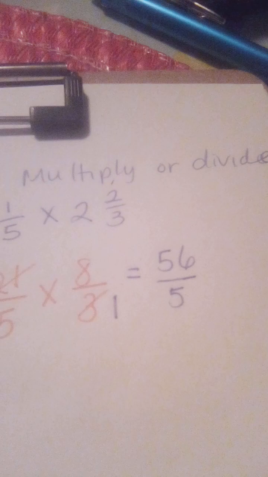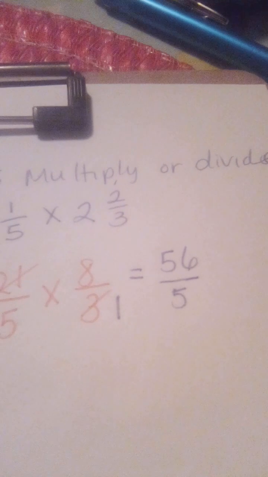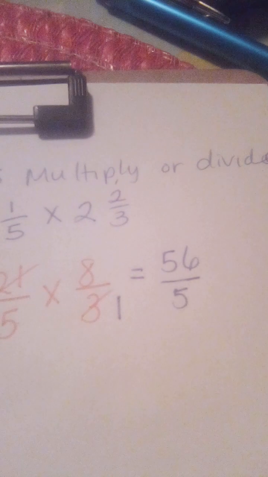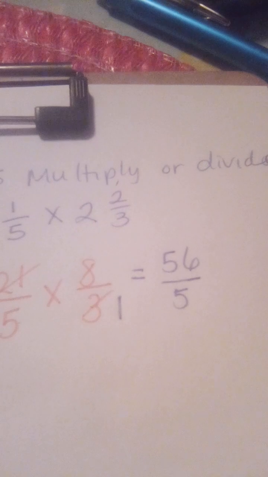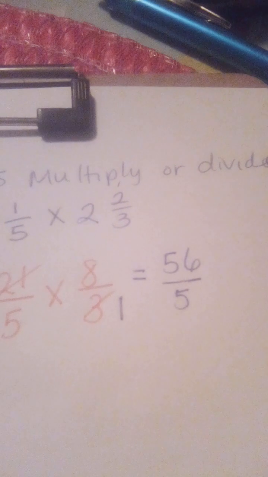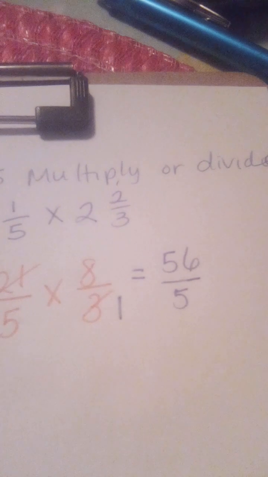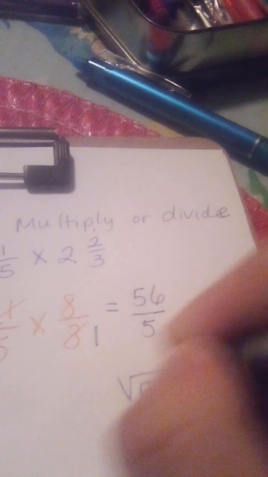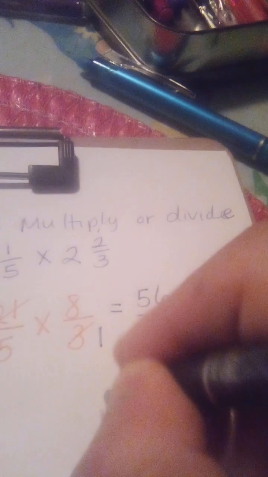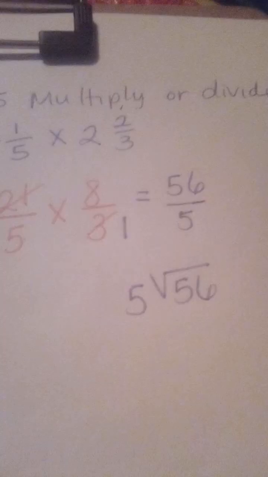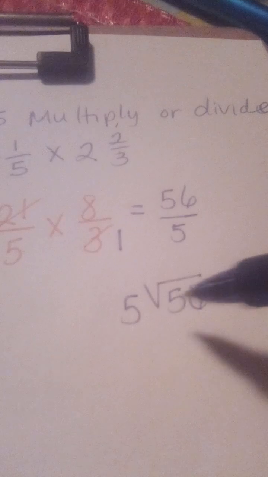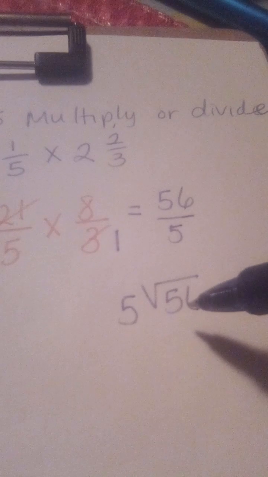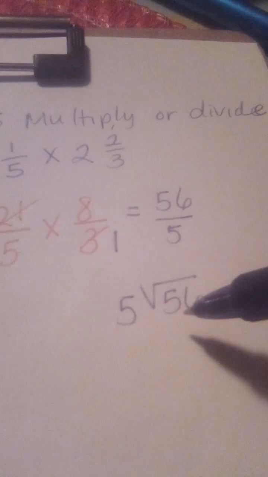The 56 as a numerator, or the 5 as a denominator? The 56 goes into the box, right? And this 5 goes outside the box. All right. We have 56. What number is equal to or close to 56 divided by 5?